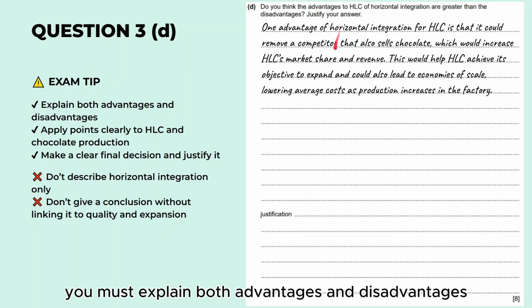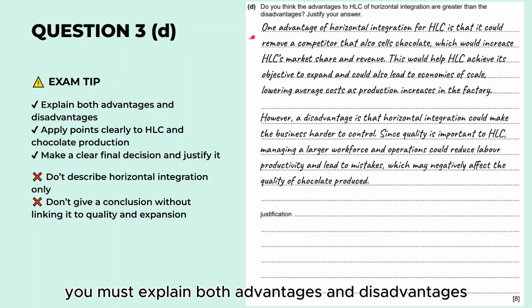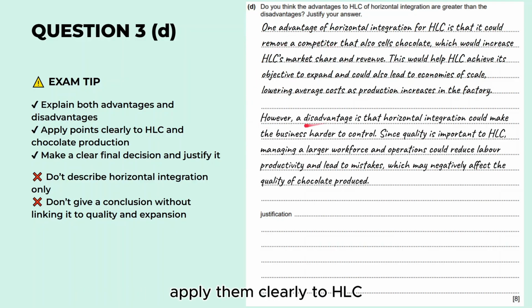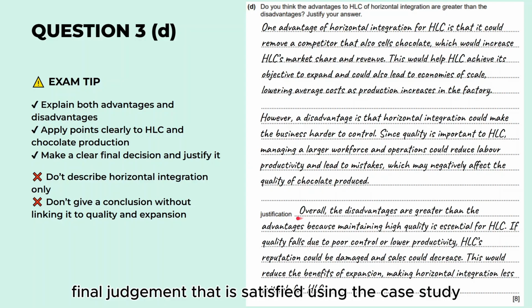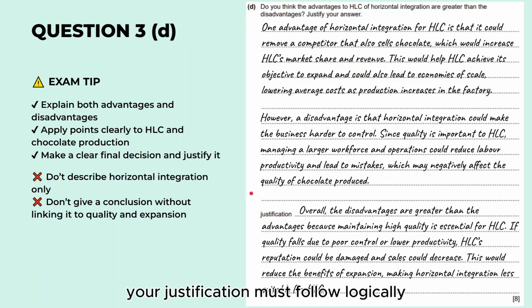To gain full marks, you must explain both advantages and disadvantages, apply them clearly to HLC, and then make a clear final judgment that is justified using the case study. Your justification must follow logically from your analysis and should not repeat earlier points.